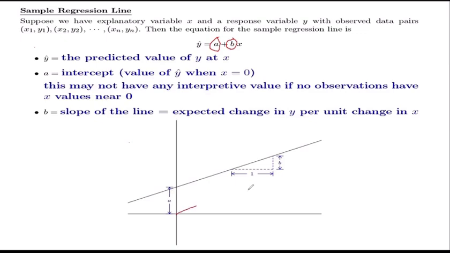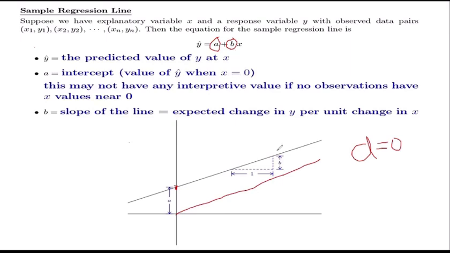If the line started from the origin, then your a would be equal to 0. Intercept equals 0 when the line starts from the origin. But right now, the line doesn't start from the origin. My a is going to be this particular point, which is the intercept.